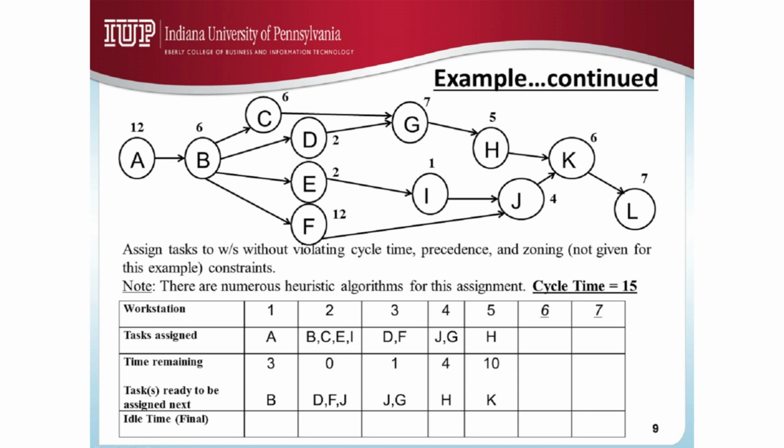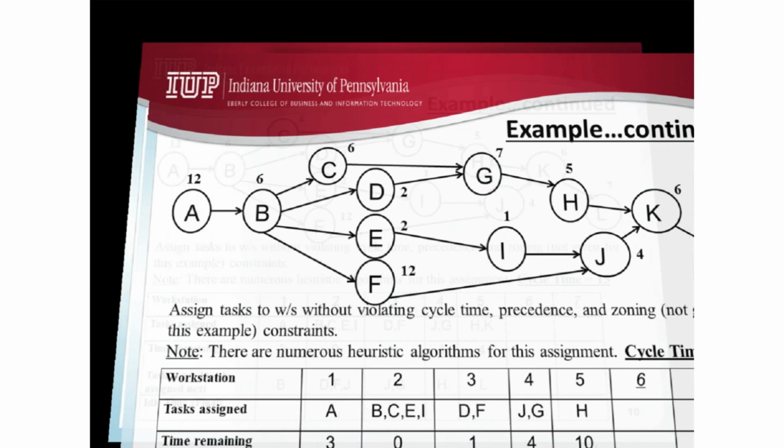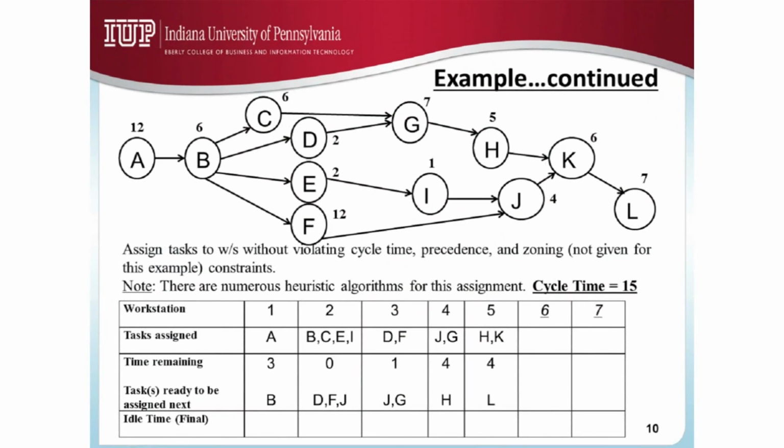The next task is K to be assigned. K takes only 6 minutes, so it can be assigned to workstation 5 also. That's what I did. H and K both are assigned to workstation 5. The last task remaining is L. The time remaining in workstation 5 is 4.